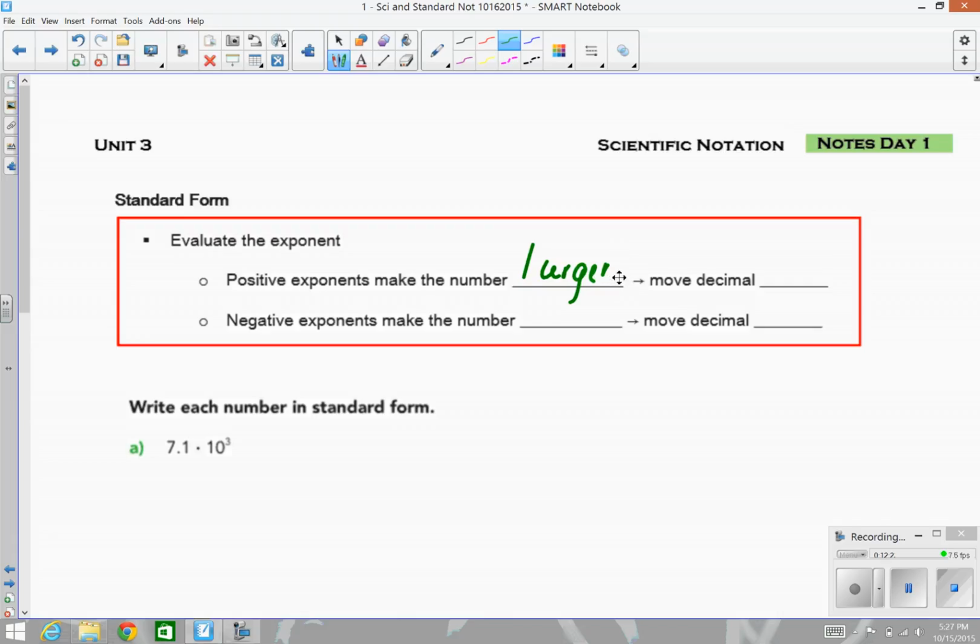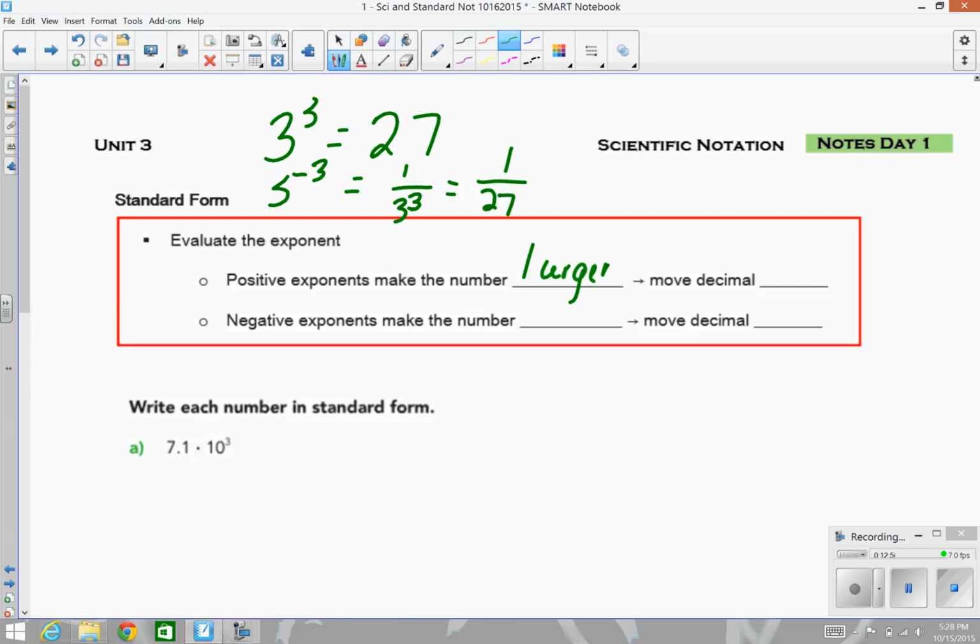For example, if you multiplied a number 3 to the third power, that's 3 times 3 times 3, which is 27, right? You're making the value larger. Whereas when you do 3 to the negative third power, that's 1 over 3 to the third, which is 1/27th.